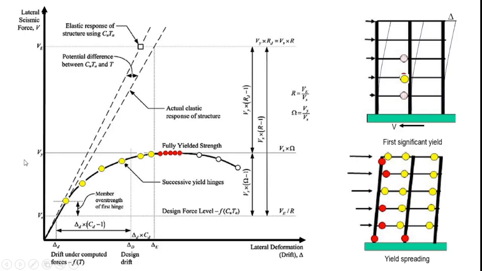So how do we define Vy? Vy is defined as the fully yielded strength, or in other words, we can interpret Vy as the maximum lateral force generated in the structure if it is inelastic when subjected to the design ground motion.